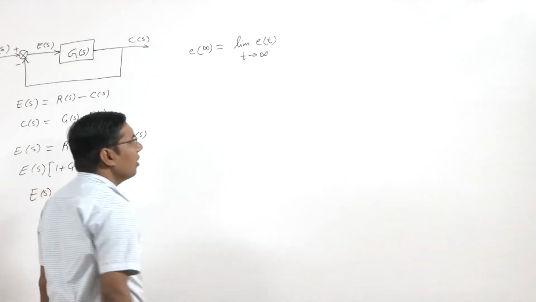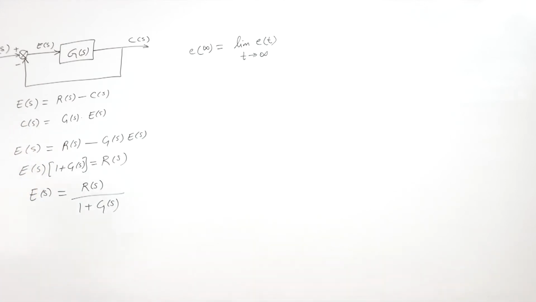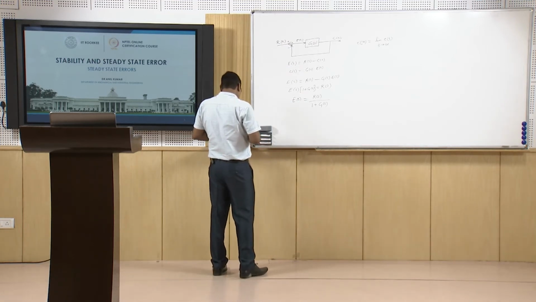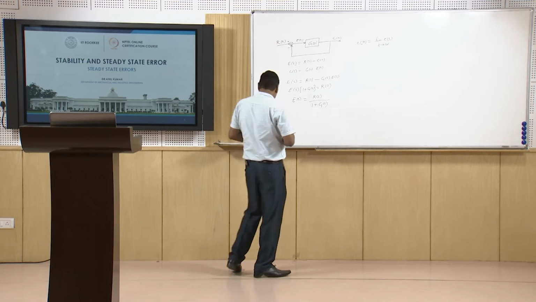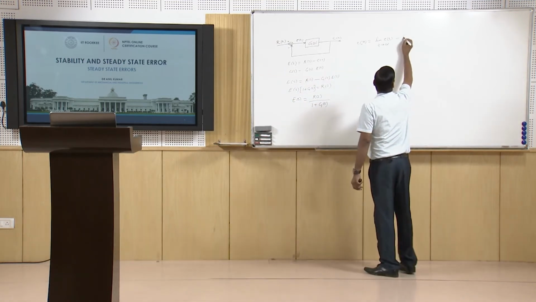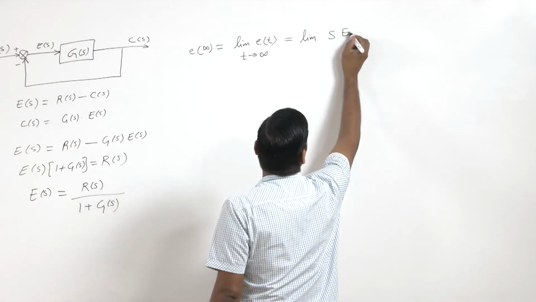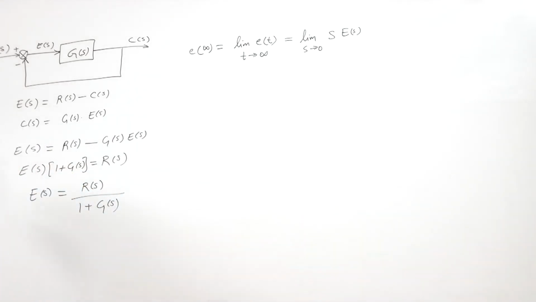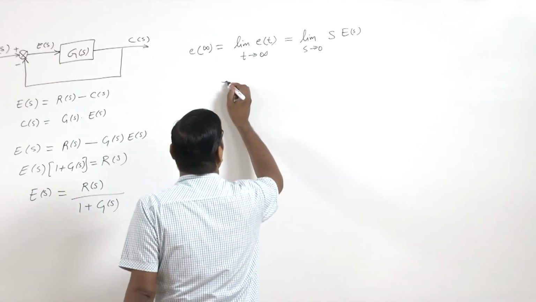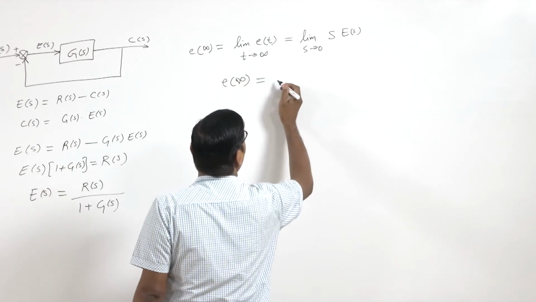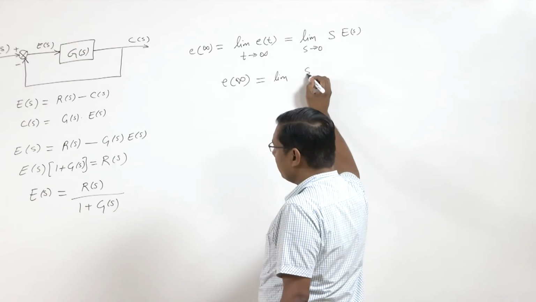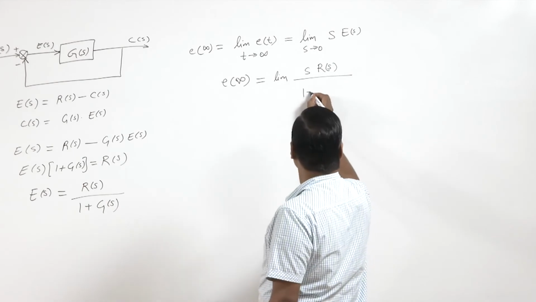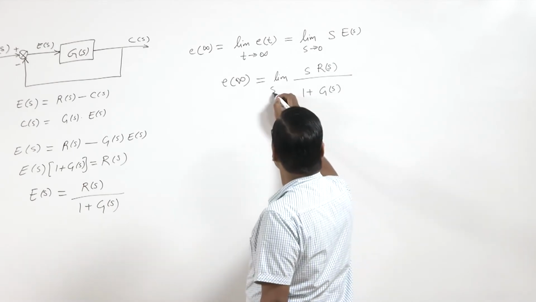This is the definition of the error, that when time tends to infinite, the difference between the input and output is called the steady state error, and this can be written as limit s E(s), s tends to 0, and therefore this error we can define equal to limit s into R(s) upon 1 plus G(s), and s tends to 0.